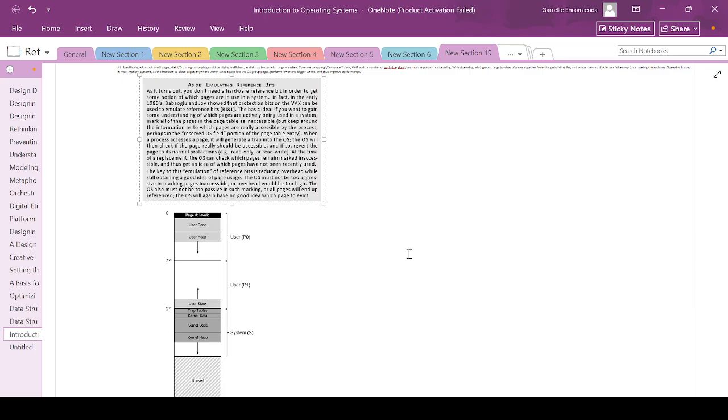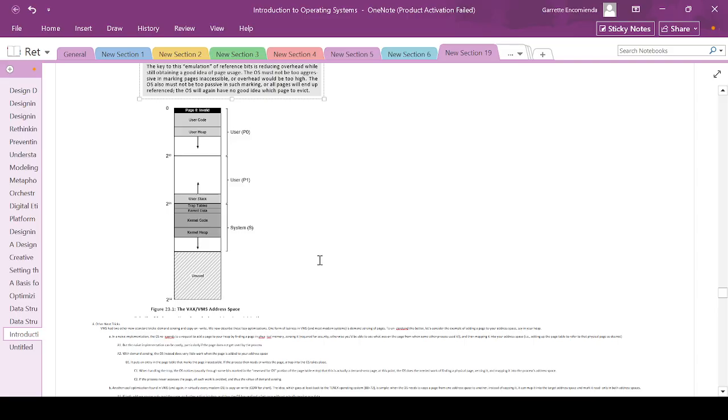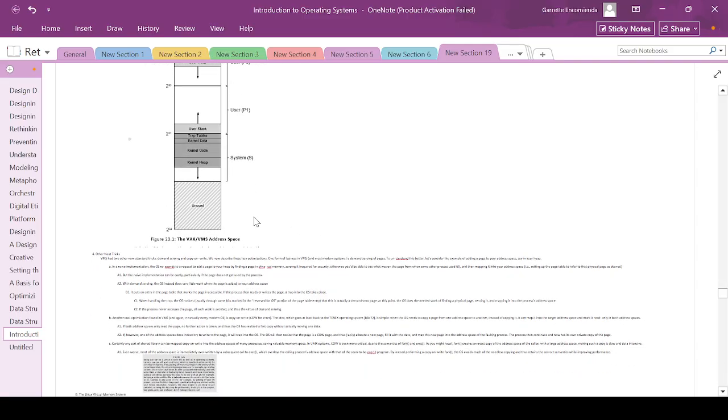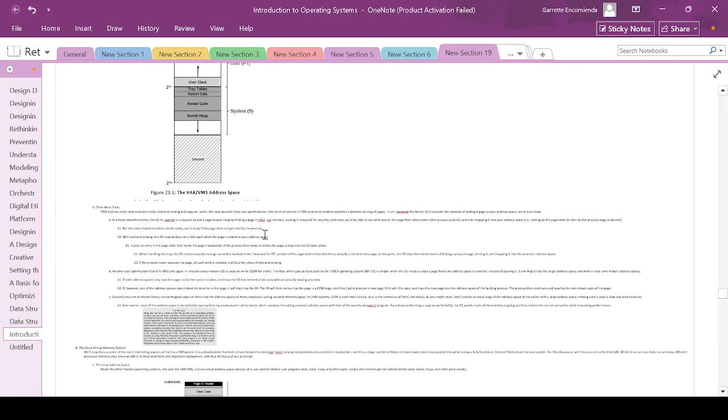So the entire reason to learn this is for the OS to know what page to evict. This emulation reduces the overhead from the memory while still having a good idea of which pages are being referenced most often by the processes.